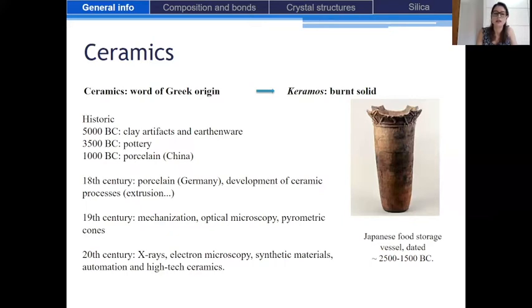And finally, in the 20th century, we had the development of new characterization techniques such as X-ray fluorescence, X-ray diffraction, and electron microscopy. So we have been able to understand better the composition of these ceramics, and also the range of application increased, and there was the development of high-tech ceramics.